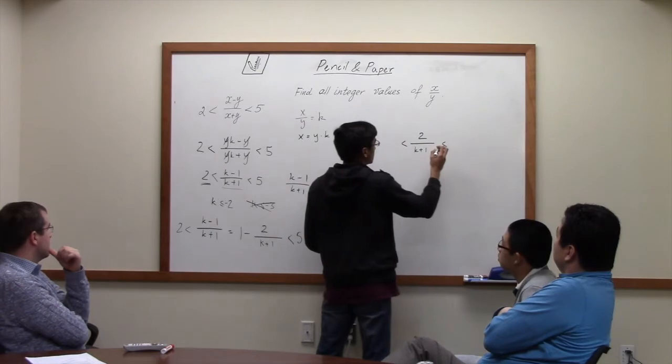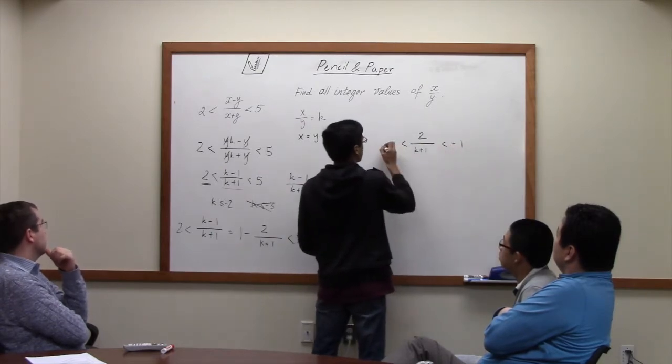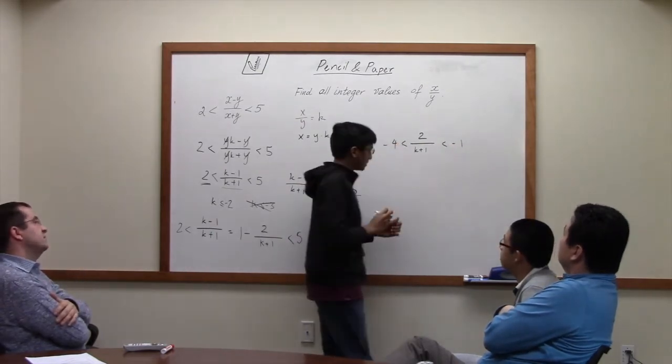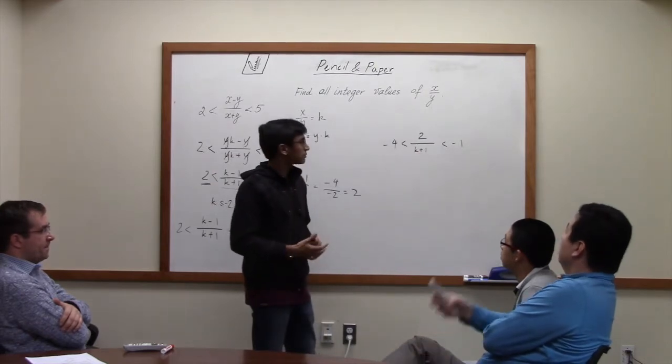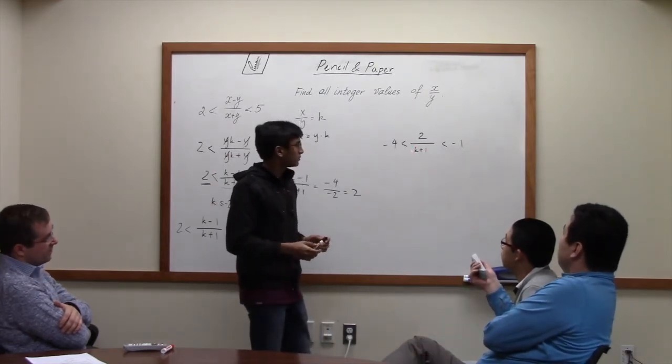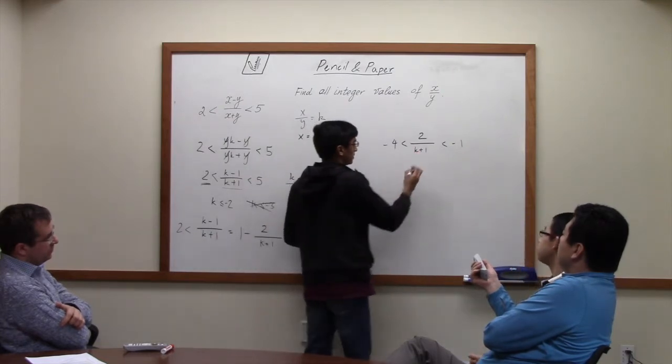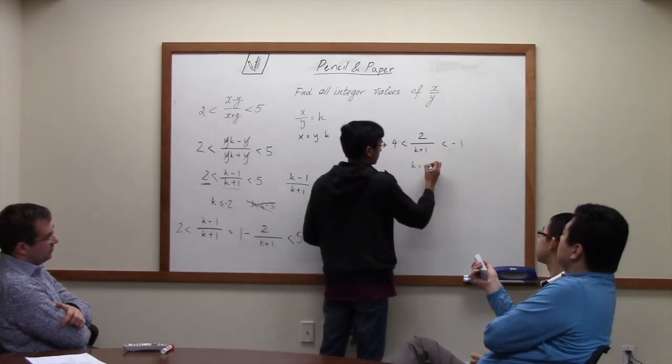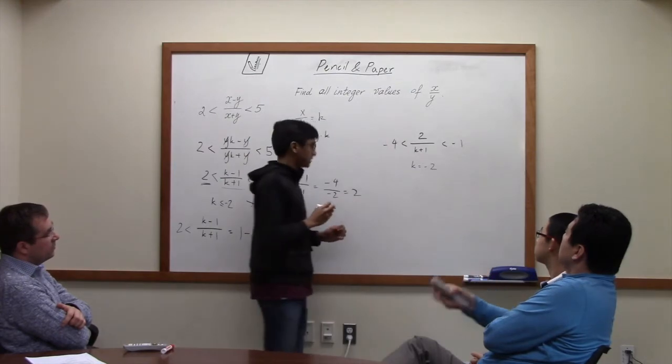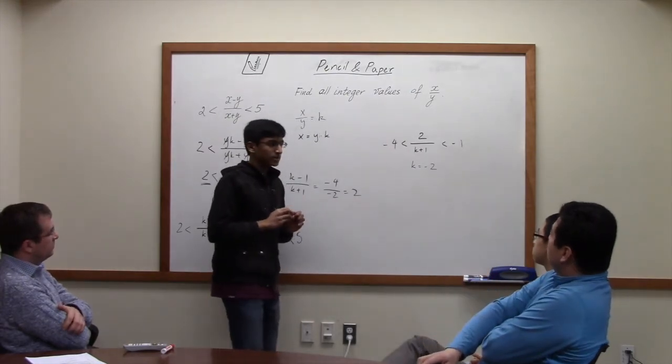So it is less than negative 1 and more than negative 4. By that time, you know very clearly the value you can take as an integer value is negative 2. And it's clearly the only possibility that works.